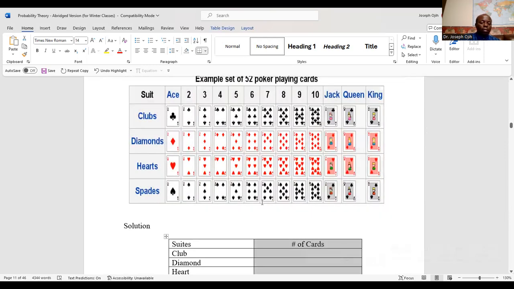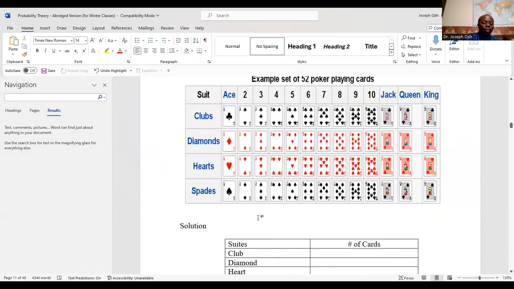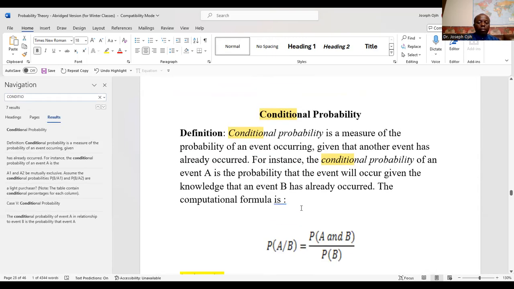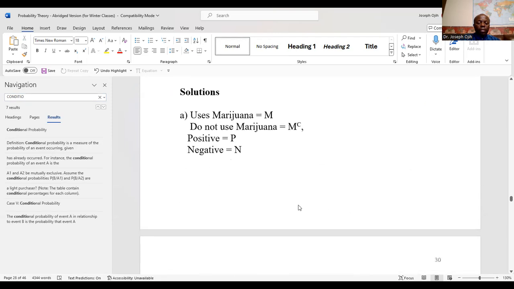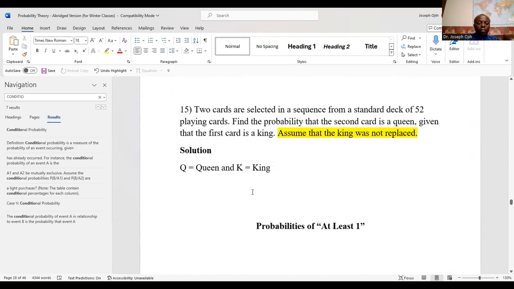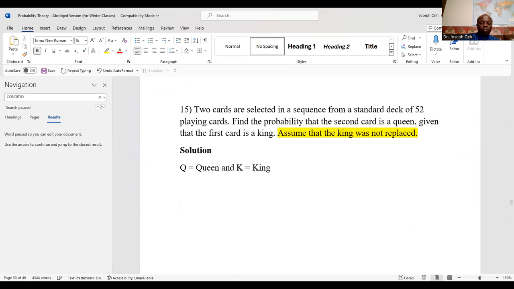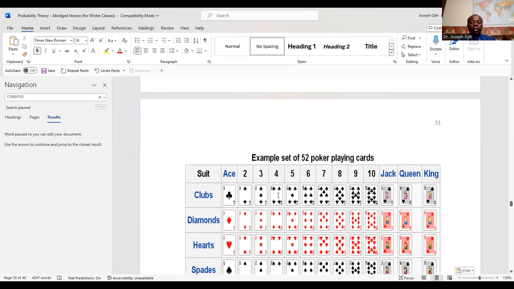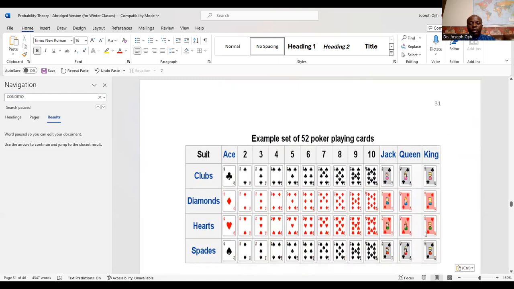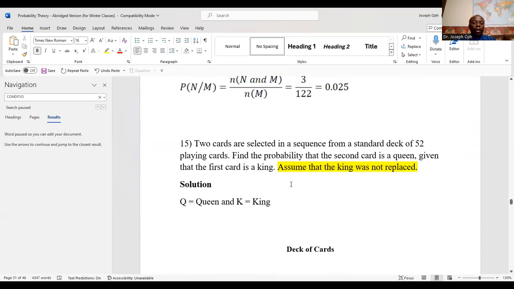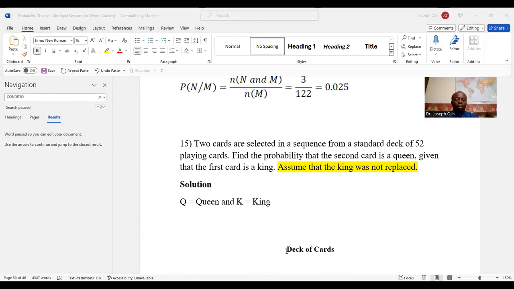So you can see the deck. How many kings do we have? 4 kings: 1, 2, 3, 4. 4 queens: 1, 2, 3, 4. Now it says here, 2 cards are selected from a deck of 52 cards.